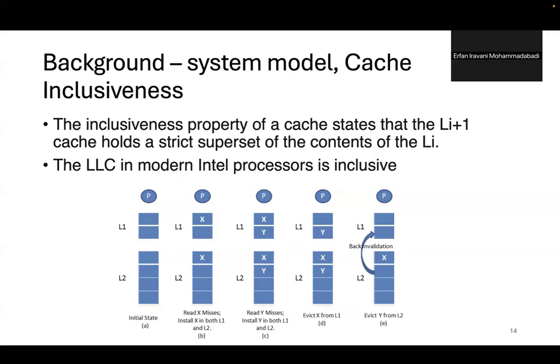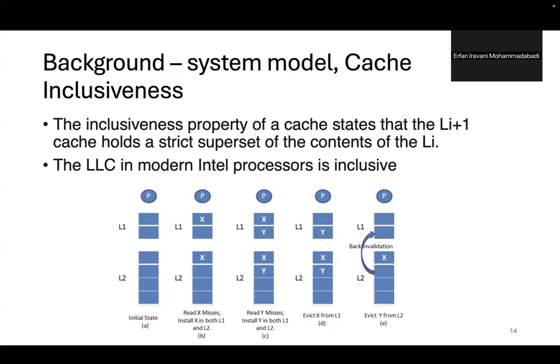The diagram shows this, and we can look at diagram C, where both caches are in a state where data X and Y are present in both L1 and L2. If X is evicted from L1 for any reason, nothing extra needs to be done and everything's fine. Later, if L1 needs X again, L1 can access it through L2.